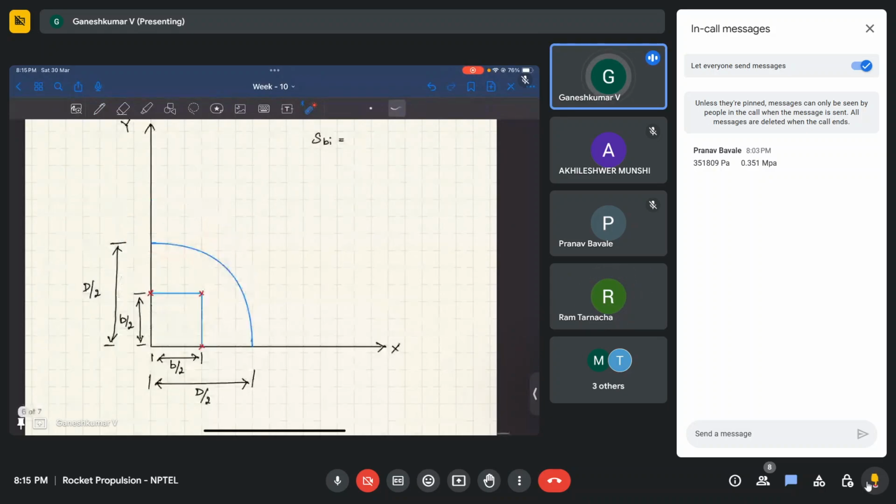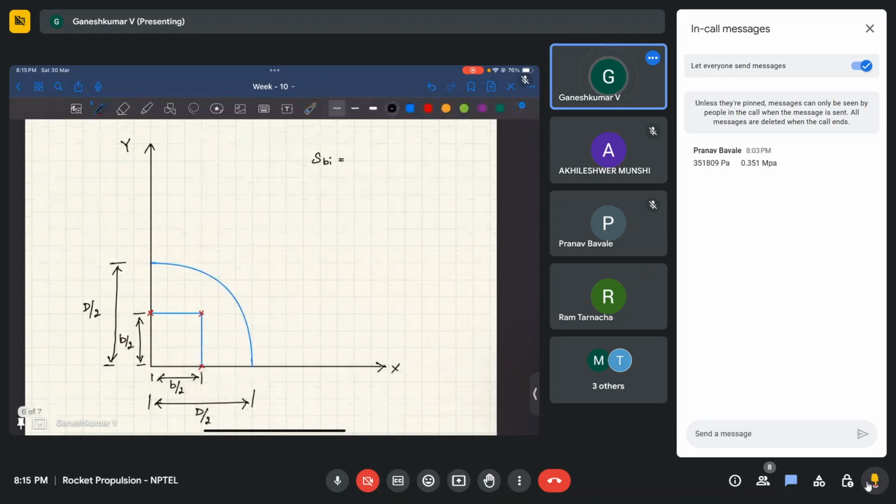If I want to calculate it, it is going to be 4 times this line length, which is b by 2 plus b by 2, into the length in the z direction, and that is what we write as 4 times b l. So this is straightforward, everyone knows this.